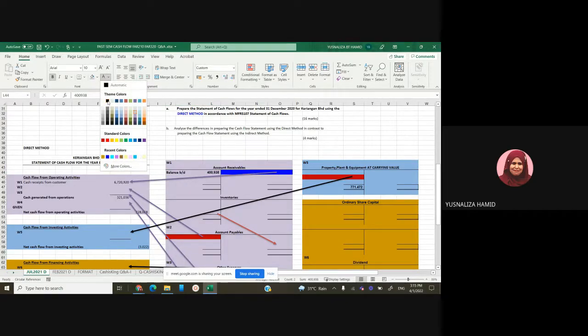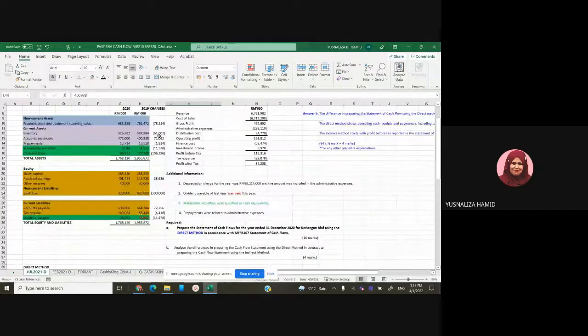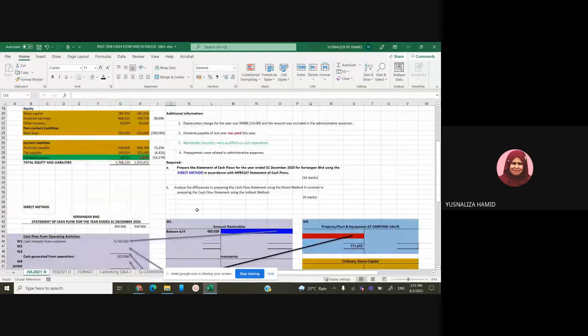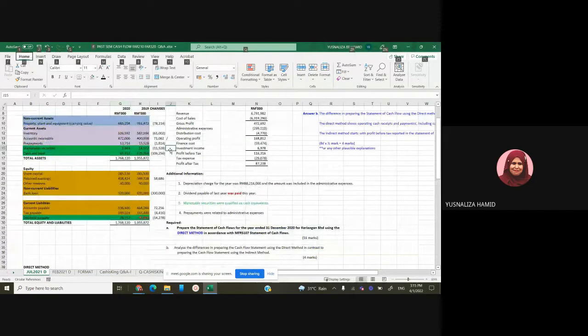It is from here. So you need to go and check this figure, 400,938 and 472, and include that. So you are doing the checklist for that. Just now you have already done the checklist for the cash and cash equivalent, right? Okay, we are done with that.